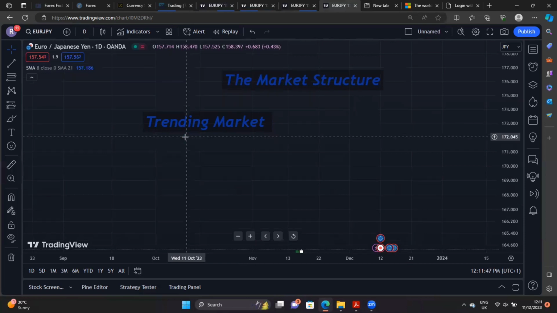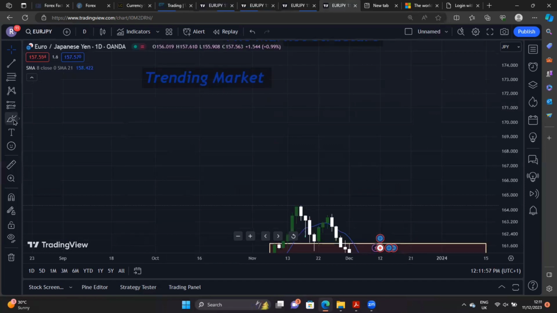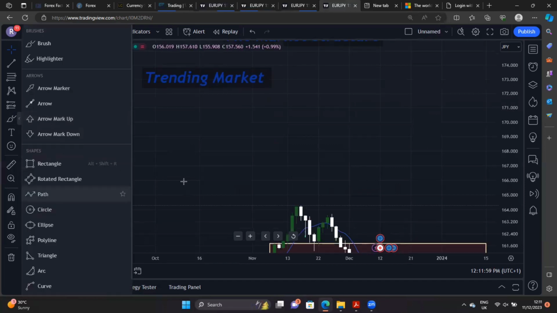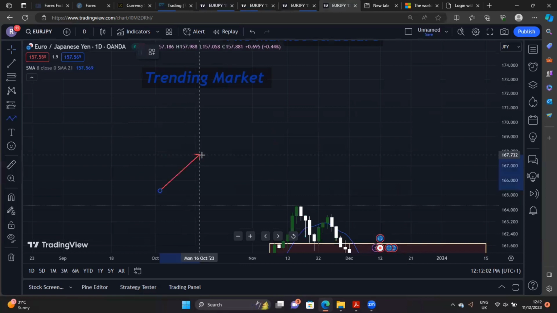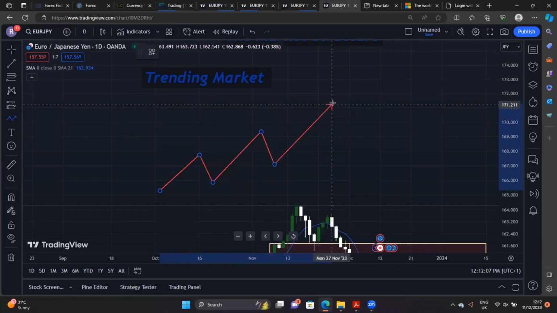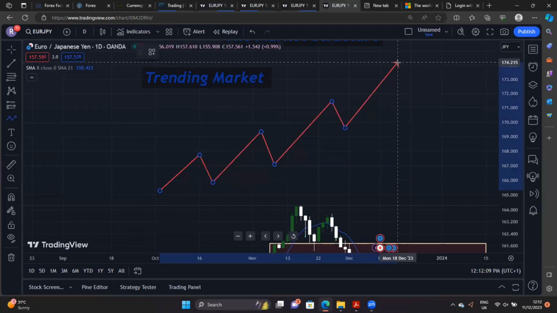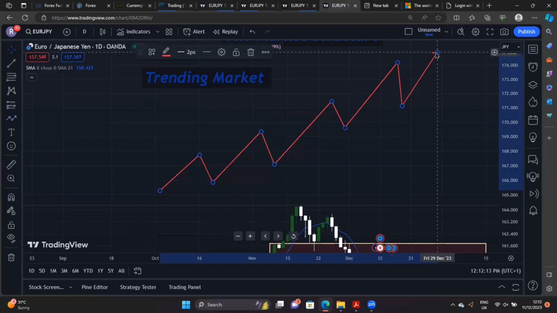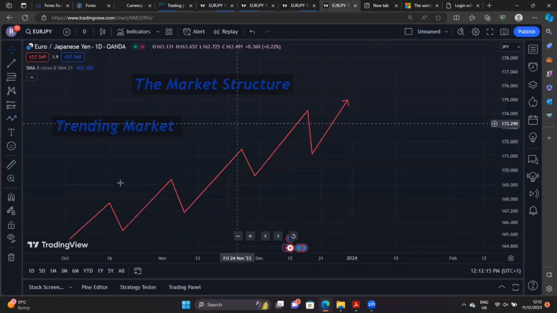Trending markets are simply characterized by a repeating pattern of higher highs and higher lows. So in a trending market, we have a pattern in this form: higher highs, higher lows, higher highs, higher lows, higher highs, higher lows. This is a repetitive pattern in the financial market.